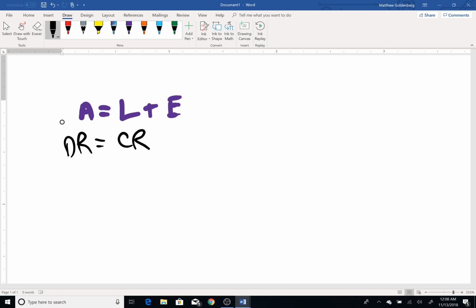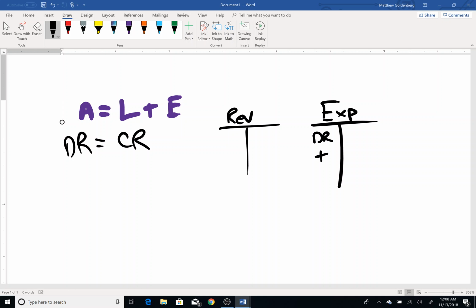And it makes intuitive sense. If you look at revenues and expenses, debits are positive, credits are positive. Typically, you make a revenue, you have expenses when you have a revenue.